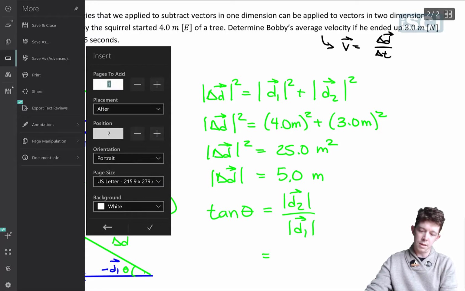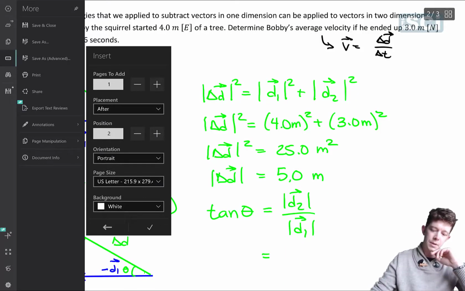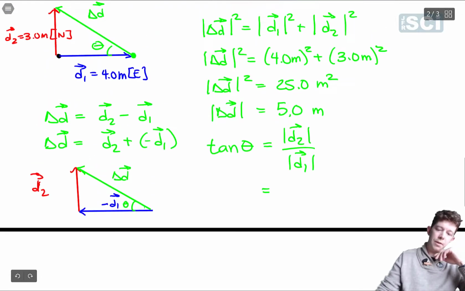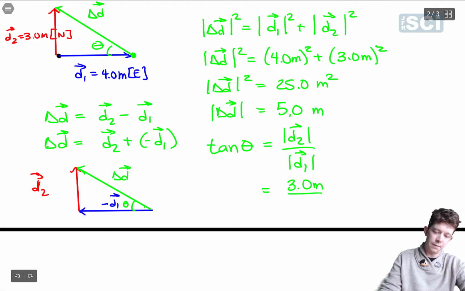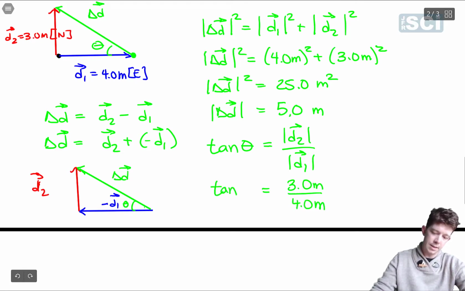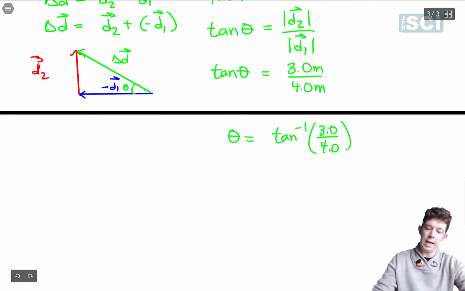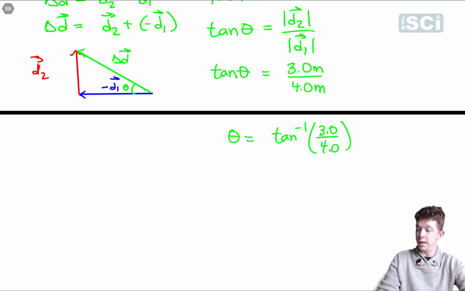Insert, I'm going to add a page here so I can continue down the page. So I have 3.0 meters divided by 4.0 meters. I get that theta is equal to the tangent inverse of 3.0 divided by 4.0, and I get an angle of in this case 37 degrees.